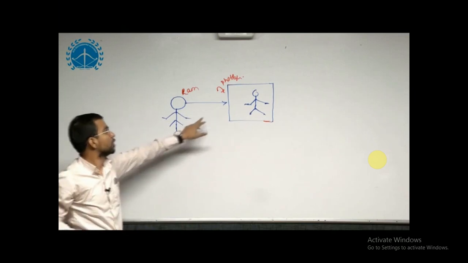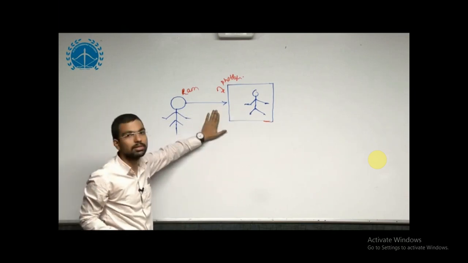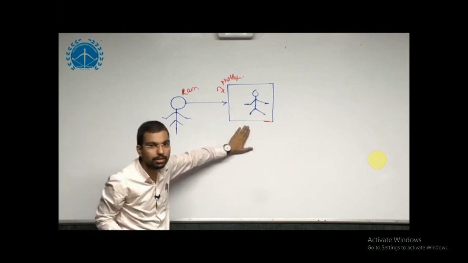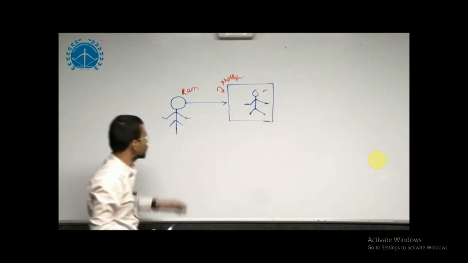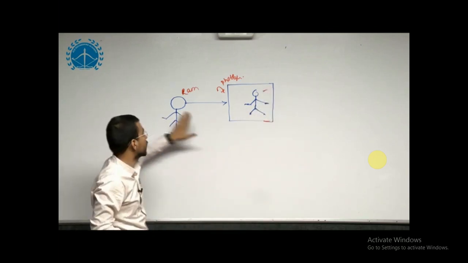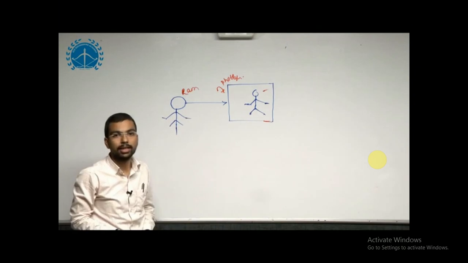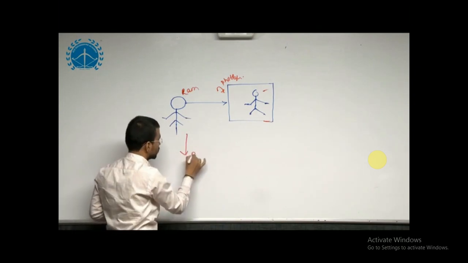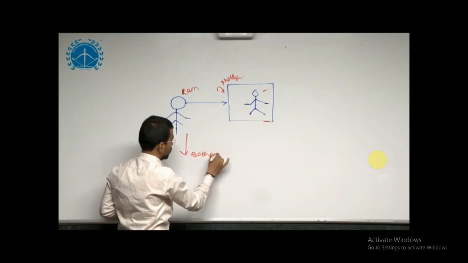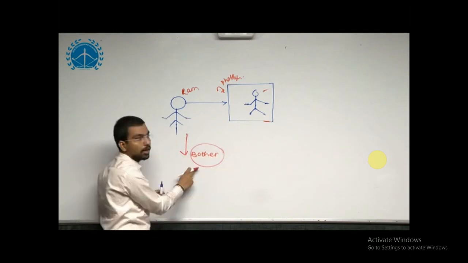Ram is saying, by pointing towards the photograph, that she is, means I can confirm that she is a lady. By looking at this photograph, Ram is telling that she is the mother of my brother. Here this person is nothing but the brother of Ram, right?